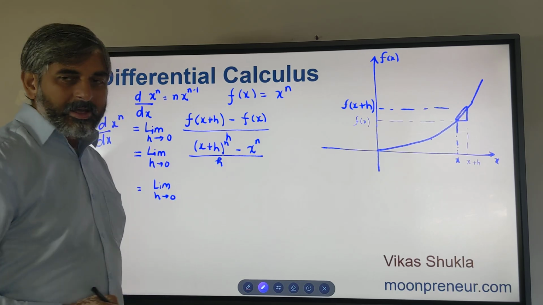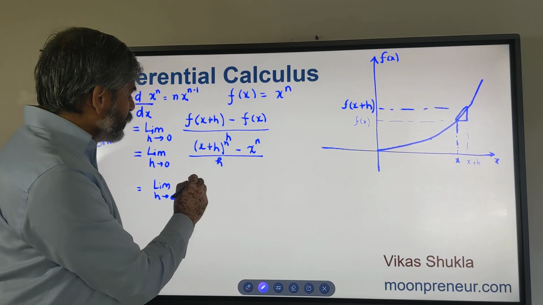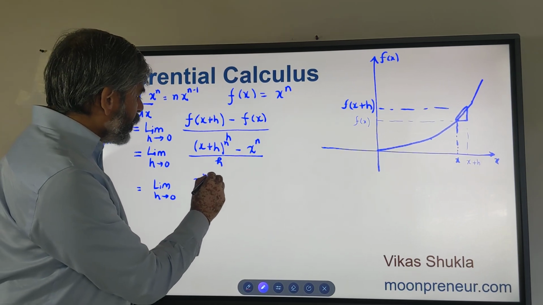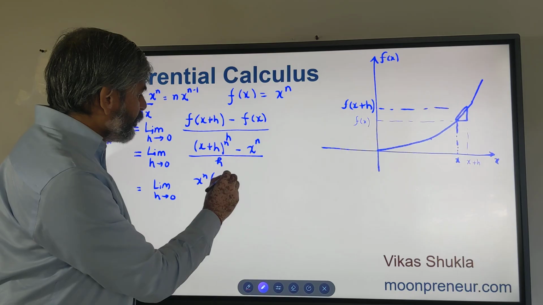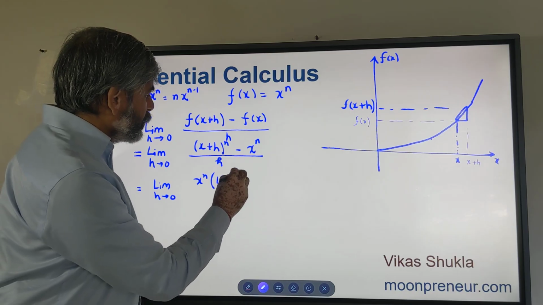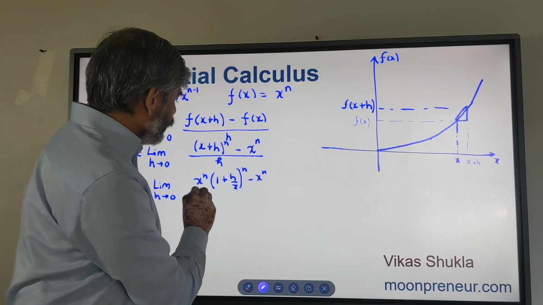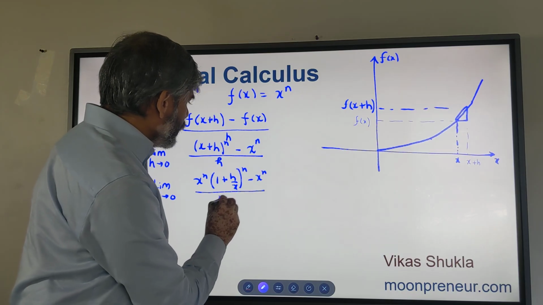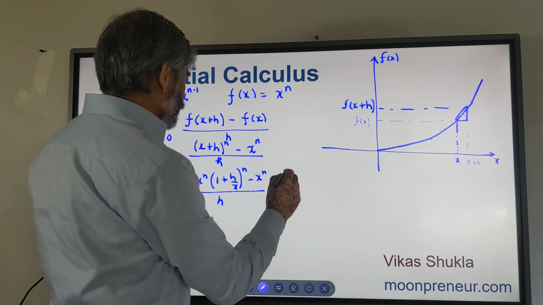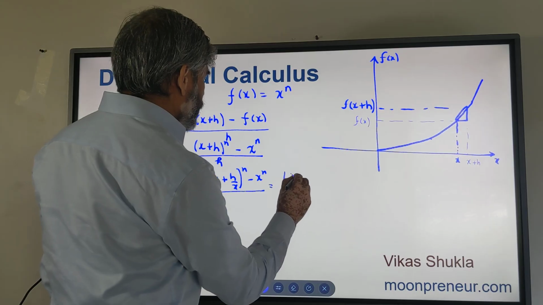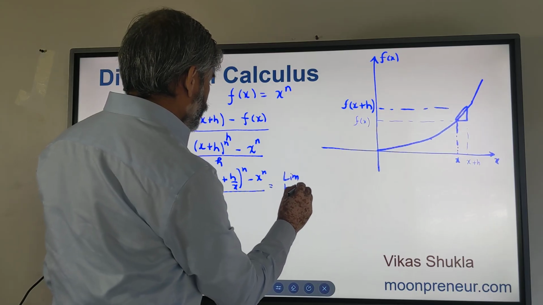I can take x common from here, so I get x to the power n, and inside the bracket we have 1 plus h upon x to the power of n, minus 1, divided by h.